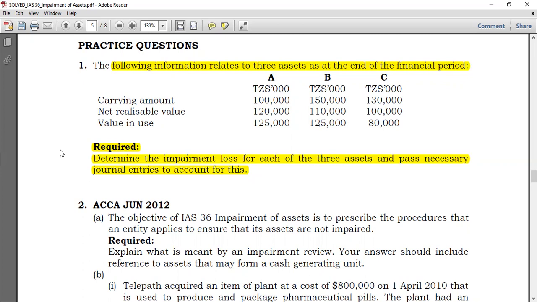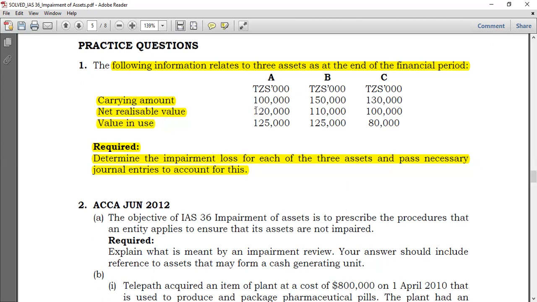So let's go here. How would we go? As I said earlier, we come to know whether there's an impairment loss or not, you compare the carrying amount to the higher of net realizable value or the value in use. So you compare them and you take the higher amount. So starting with asset A here, let's just try to compute the recoverable amount now.